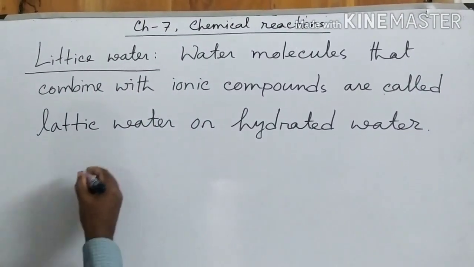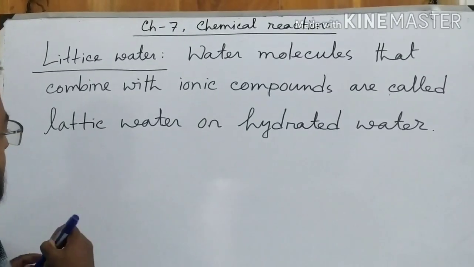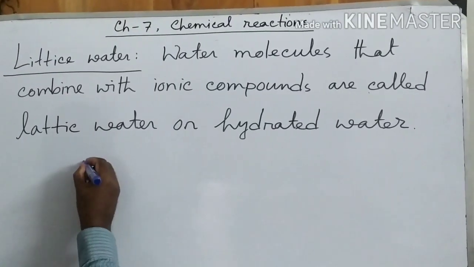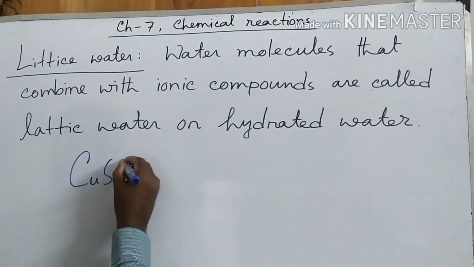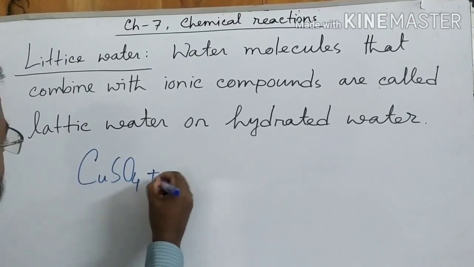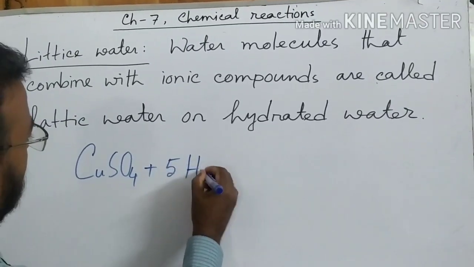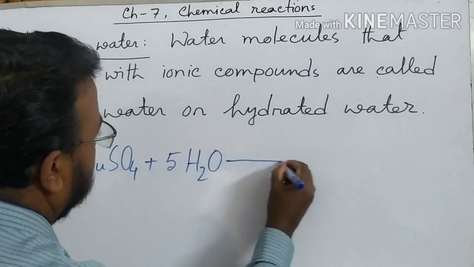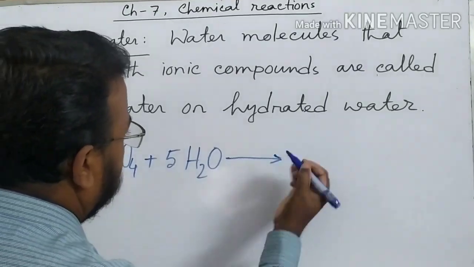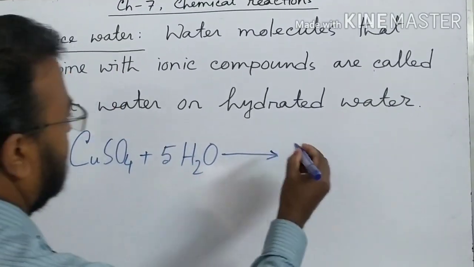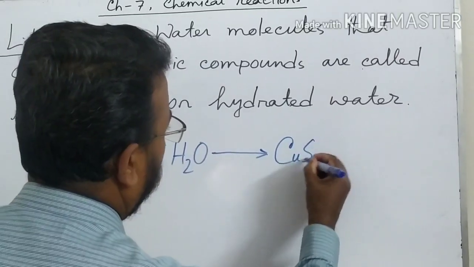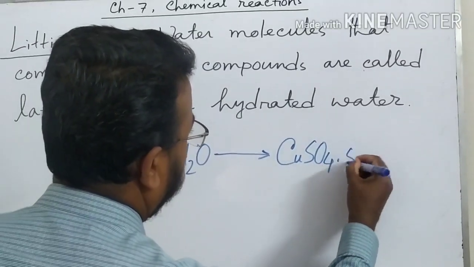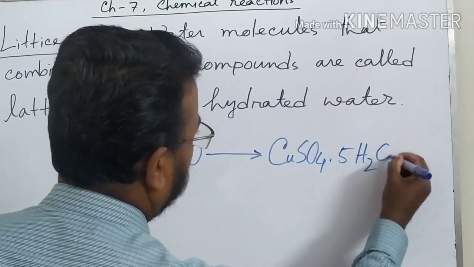Okay, now let's see the example. It is copper sulfate plus, if 5 molecules of water are added, then it will be copper sulfate and 5 molecules of water.